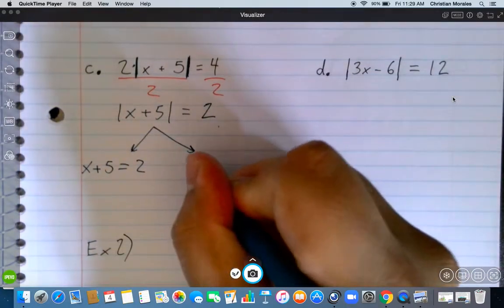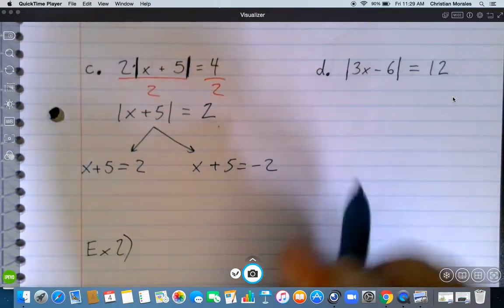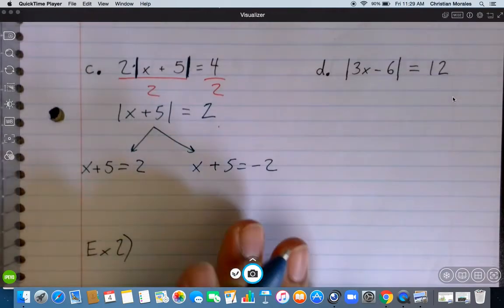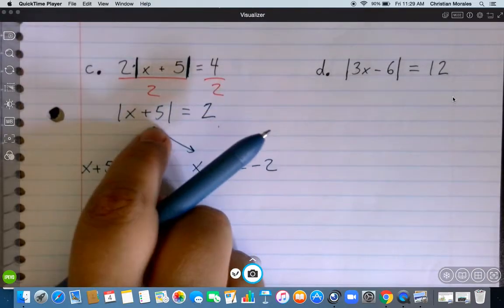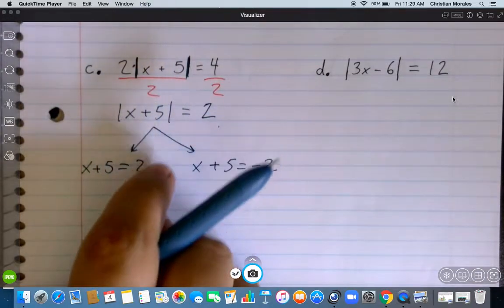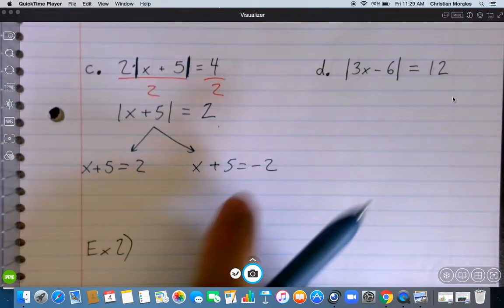The other way we're going to solve it is, what if it was a -2? Because whatever's in here has to have an absolute value of 2, which means this is either a +2 or a -2. So you have to solve for both cases.